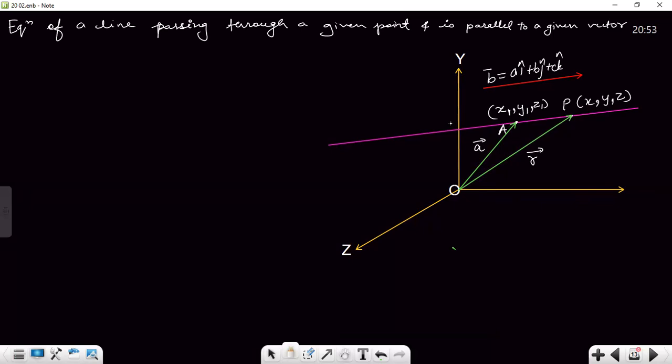Now we should find the equation of this line. The very first thing that is clear to us is that parallel vectors are proportionate. Here it is given that the B vector is parallel to the line.